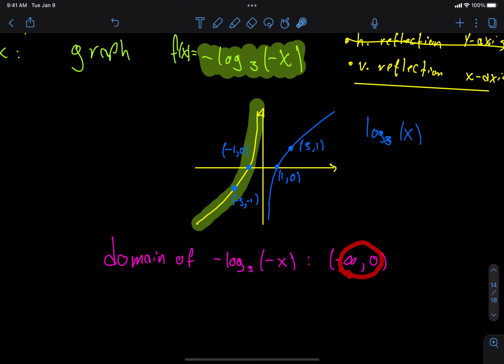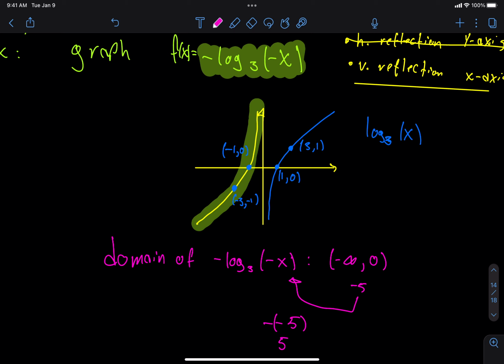Let's take -5 for example. If I plug it in here, I'm gonna get negative of -5, which is 5, right? So negative numbers are the only numbers which are allowed to be plugged in because the logarithm needs to be done on a positive number. But since I'm doing negative x here, I need x to be a negative number so that negative x is a positive. Does that track?